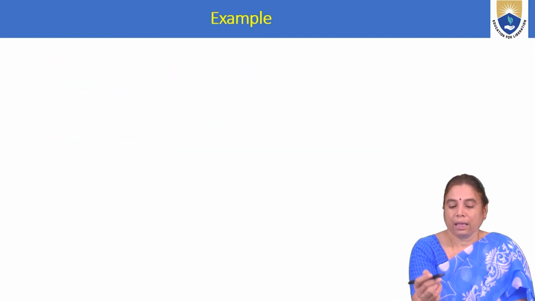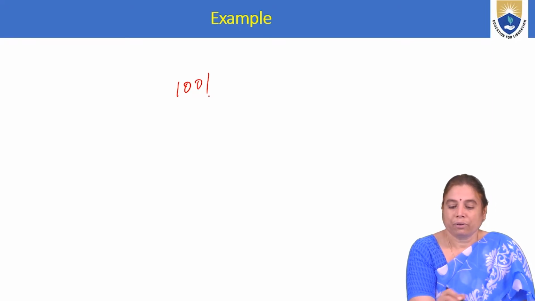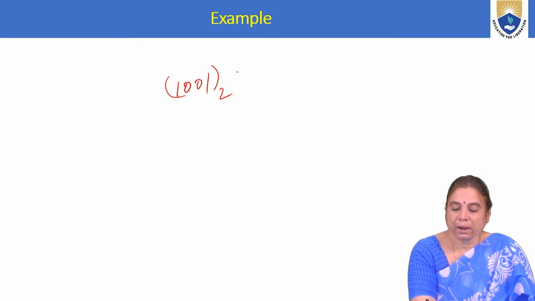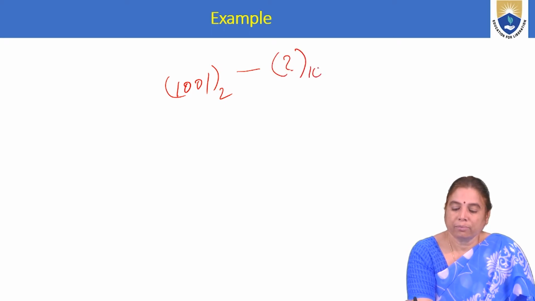So consider an example: 1001, a binary number, and we calculate the decimal equivalent. We have to write the positional values.